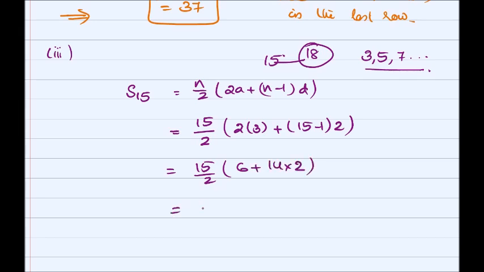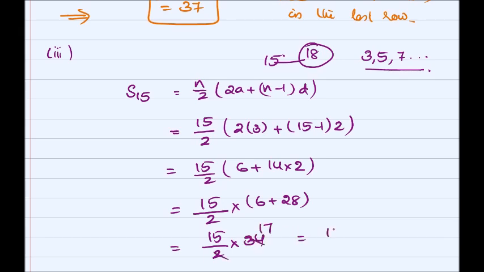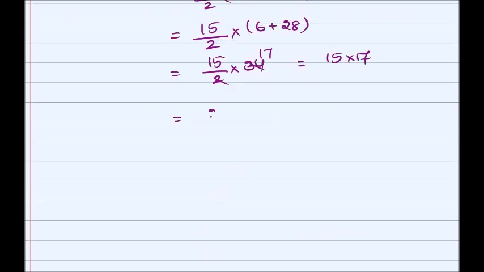That is 15 divided by 2 into 6 plus 28, that's equal to 15 divided by 2 into 34, that's equal to 15 into 17, that's equal to 255.